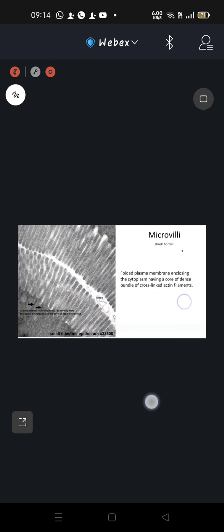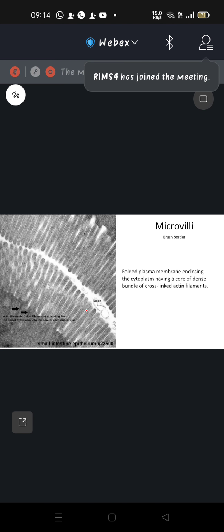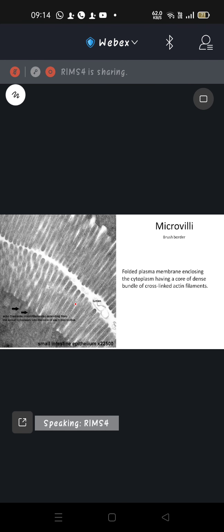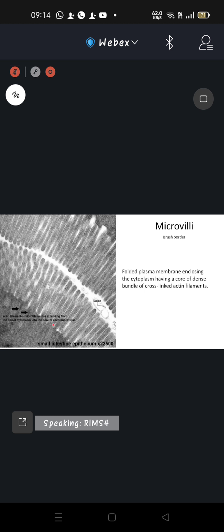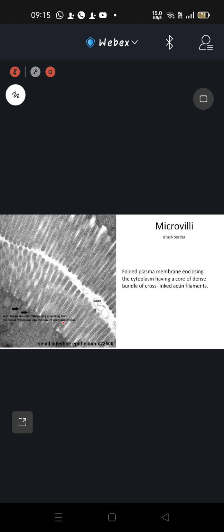About these microvilli, which impart a brush border appearance to the apical surface of the simple columnar epithelium lining the intestinal mucosa, these have a folded portion of the plasma membrane which encloses the cytoplasm, which is elongating apically, and they also have a dense core of cross-linking actin filament.